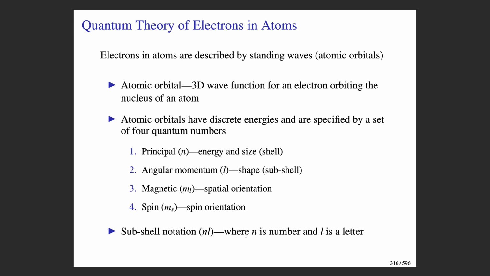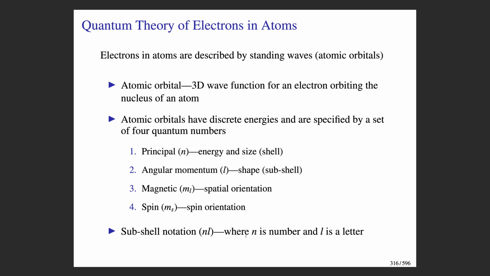So now we have electrons that are described by waves, and they are confined within an atom. And so we wind up with these standing wave functions for the electrons within the atom that have discretized or quantized energies. The wave functions within an atom are called atomic orbitals, and that's because they represent the motion of the electrons as they orbit the nucleus of the atom.